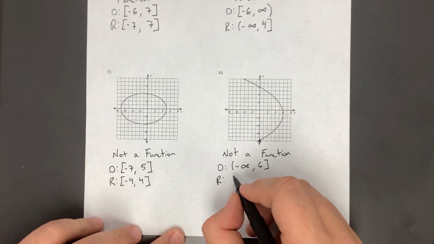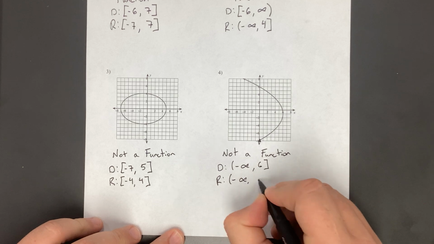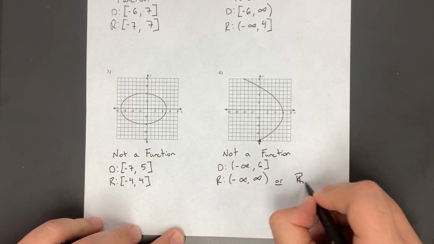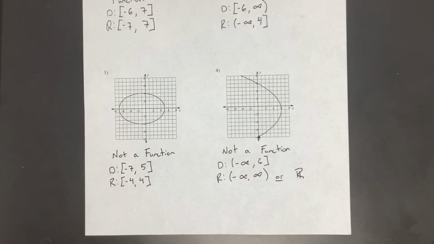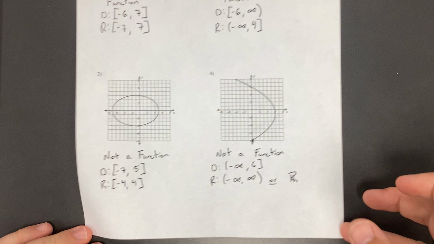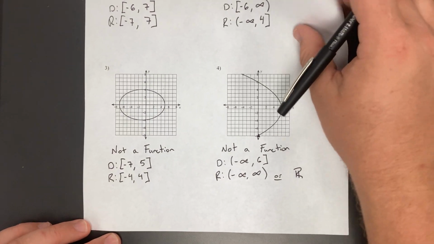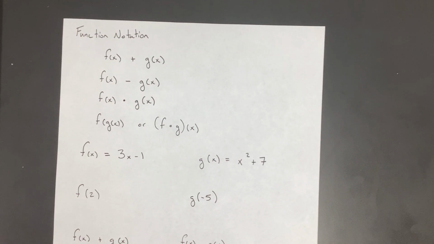So there are 2 ways I can write this. I can either write -infinity to infinity, or I can just write all reals just like that. So that would be identifying a function versus not a function, as well as stating the domain and range of those functions or relations.